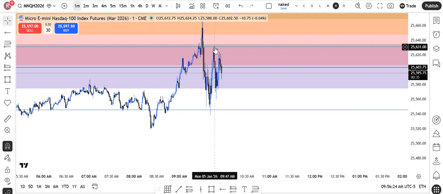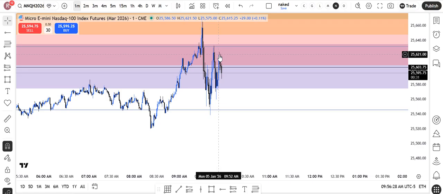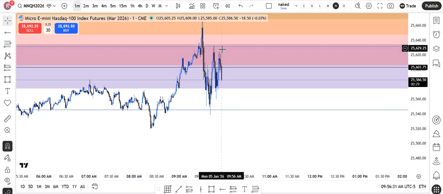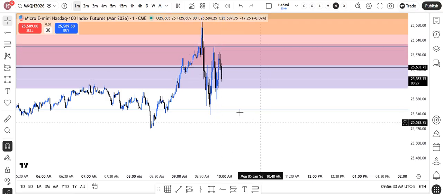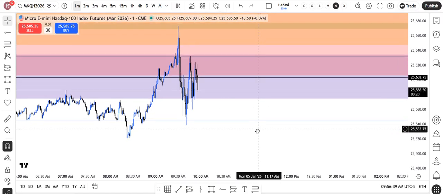Comes back up to the midpoint of the daily wick. Retraces. Comes back up. Can it get up to the midpoint? No. So, what is that letting me know? If I'm bearish, it's letting me know it is weak.